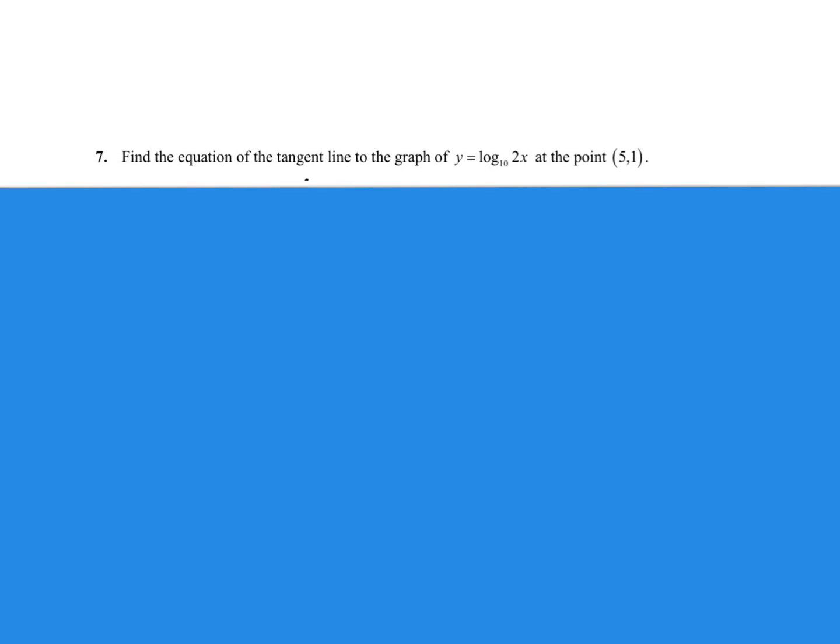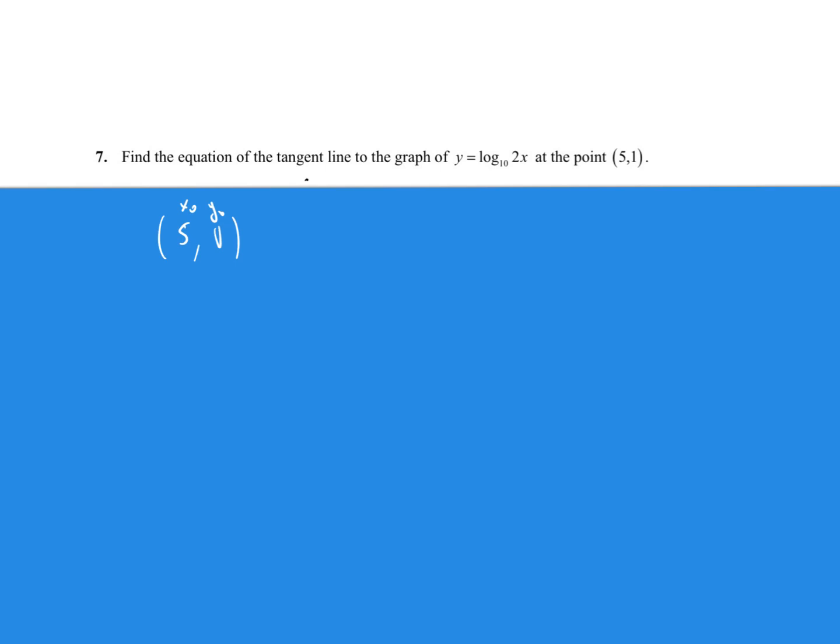Find the tangent line to the graph y equal log base 10 of 2x at the point 5, 1. The point is the point 5, 1 or x0, y0.